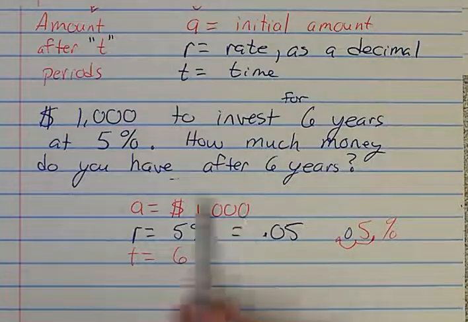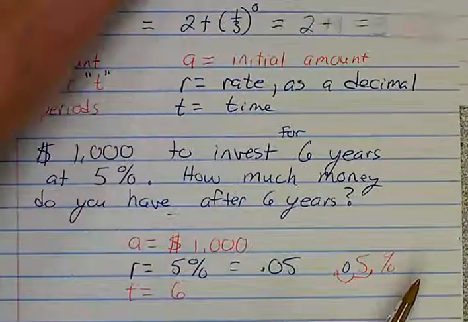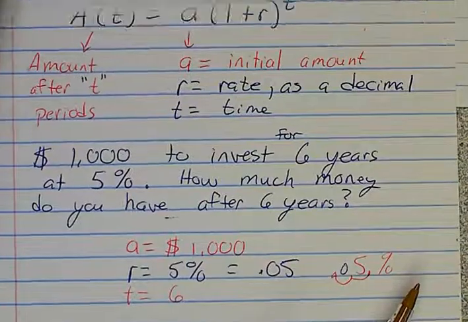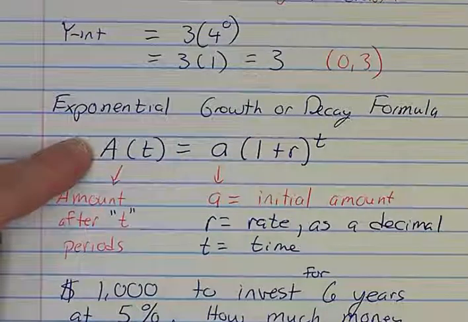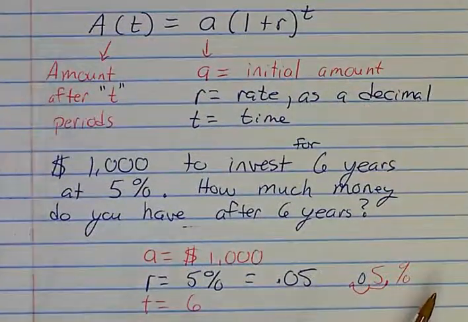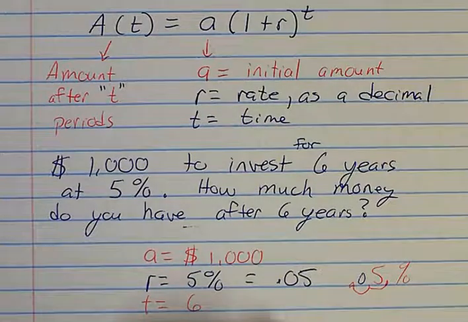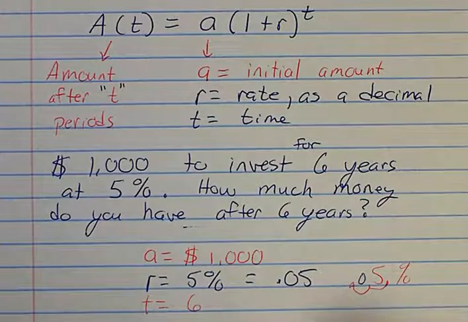All right, and then we're going to take those 3 numbers, plug them into that formula, and work it out. Now the 6 in this case, that's the T you plug in here, so your amount 6 years later would equal the $1,000 times 1 plus 0.05 to the 6th power.